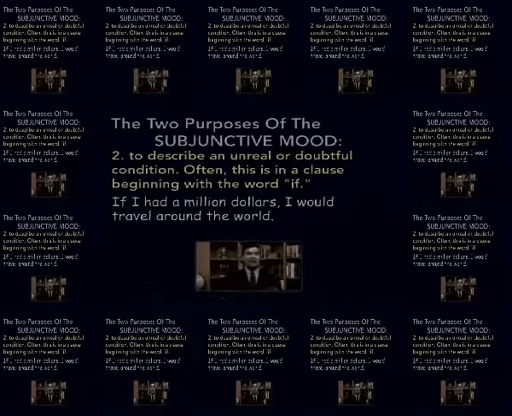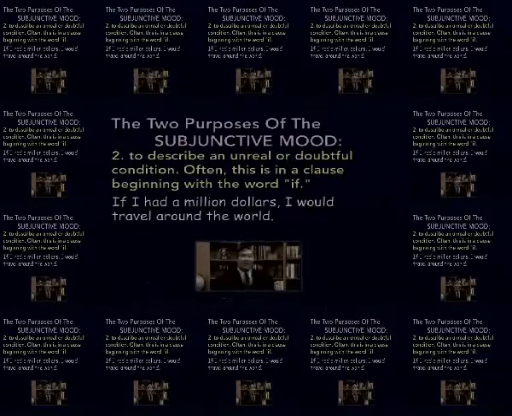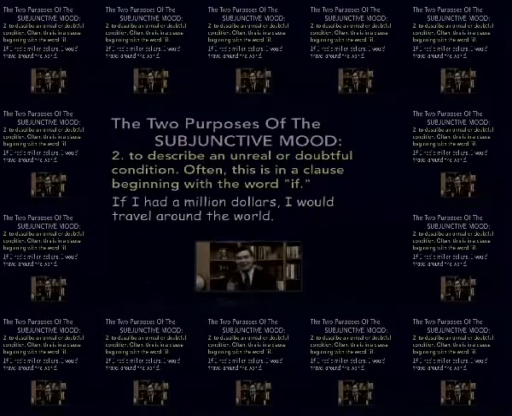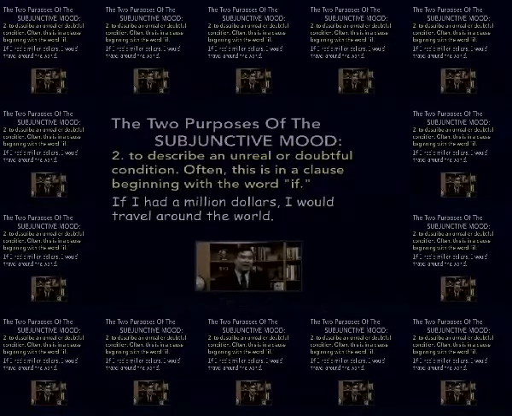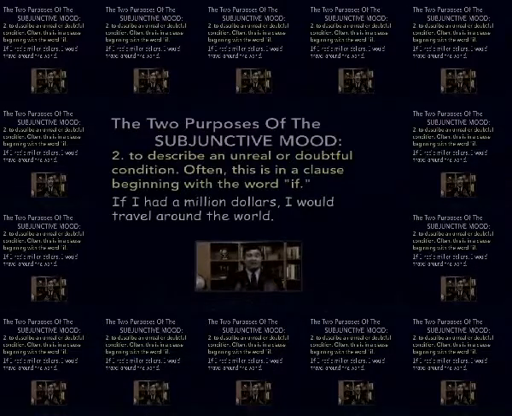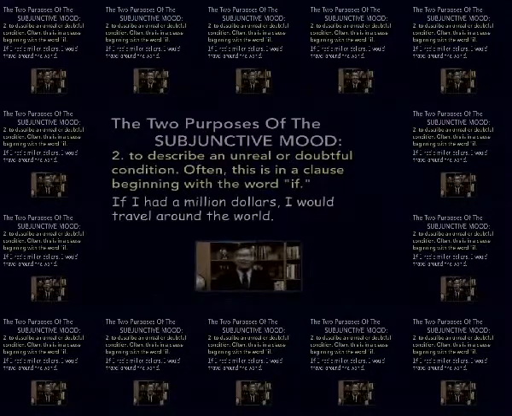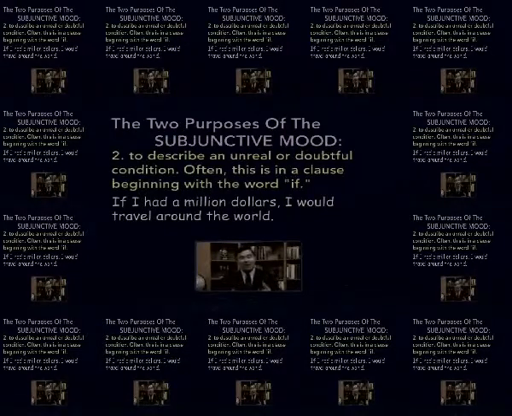The second one is describing what I would do if the first clause were true. Now, the first clause is describing an unreal or doubtful condition. We can tell from reading this sentence that, unfortunately, it's not true. I don't have $1 million, and that's why I'm speaking with you rather than traveling around the world. So that first clause is describing an unreal condition.